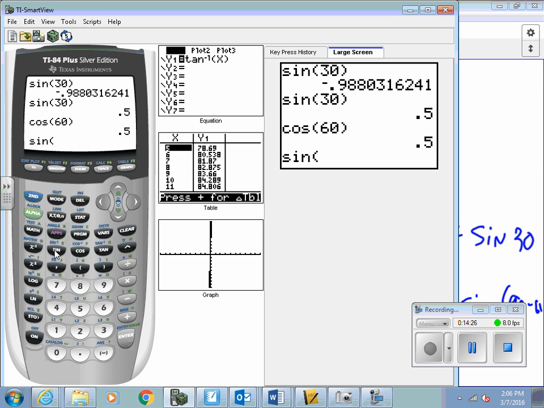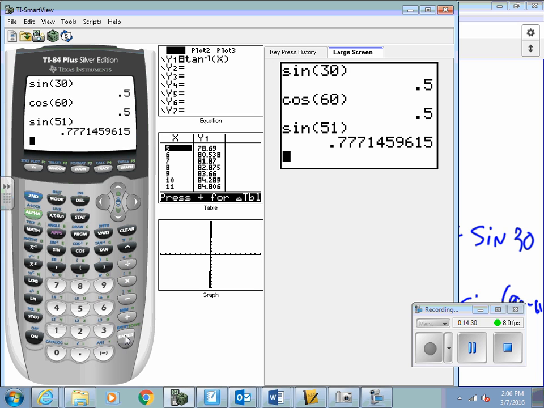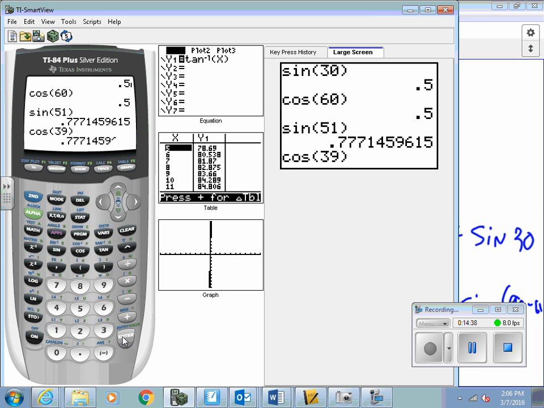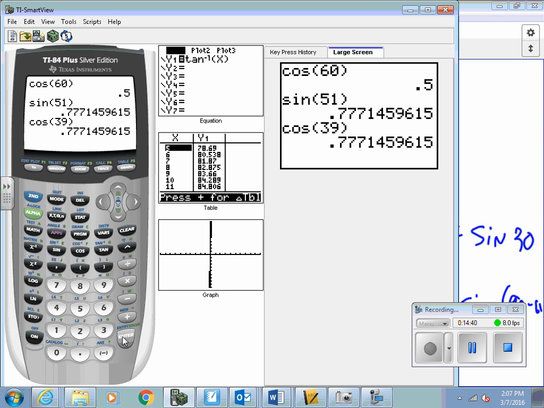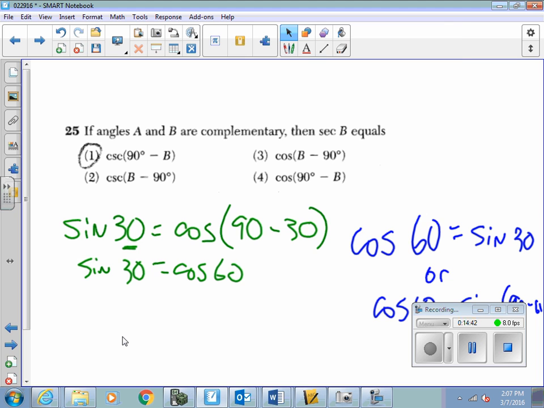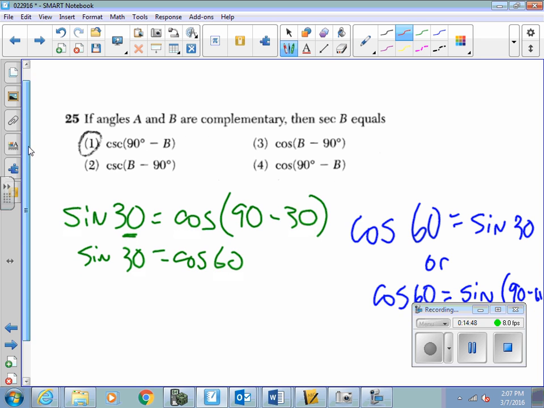So if you have sine, let's just say 51. That's equal to the cosine of, well, what's 90 minus 51? I believe that's 39. Right? So they're equal. That's always the case. Well, it also is the case when you're dealing with the reciprocals, which are secant and cosecant.